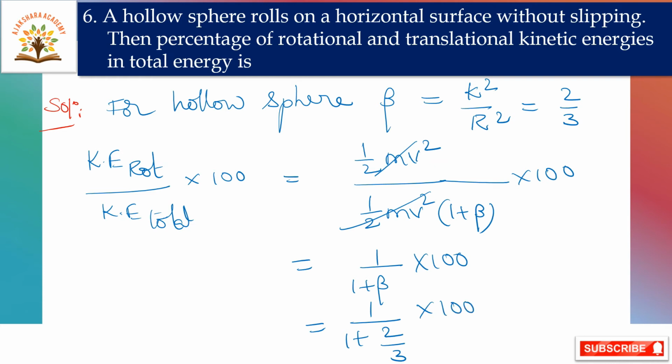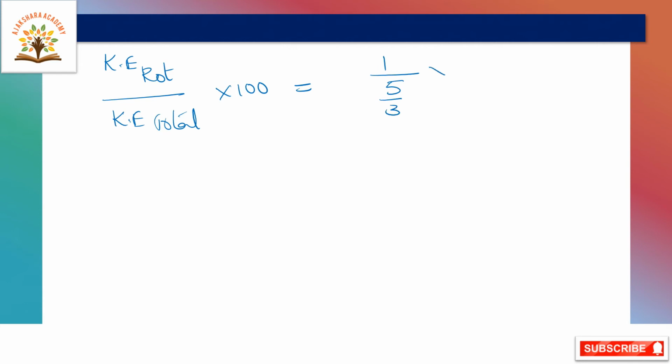Now taking LCM, 3 plus 2 is 5, so 5 by 3 into 100.